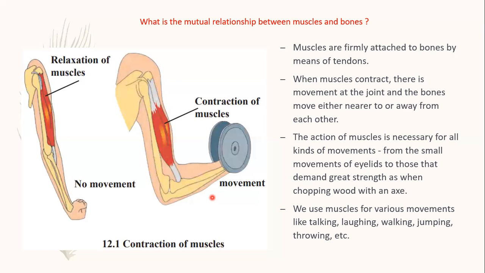So talking, laughing, walking, jumping, throwing, blinking, etc. All of these things contribute to one single thing, that is the movement of muscles. I hope you all understood the concept of muscles and how they work. So let us move ahead.